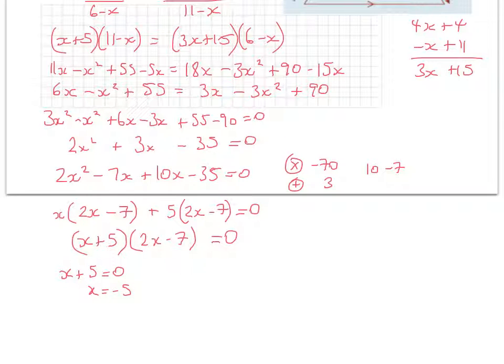Although one has to say, if you're going to have an x value which is negative, it's unlikely to work. We'll see how it applies back to the question in a moment. Or we have a situation where 2x minus 7 equals 0, in which case 2x is equal to 7 and x is equal to 3.5.